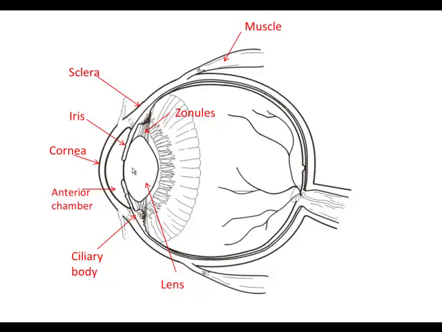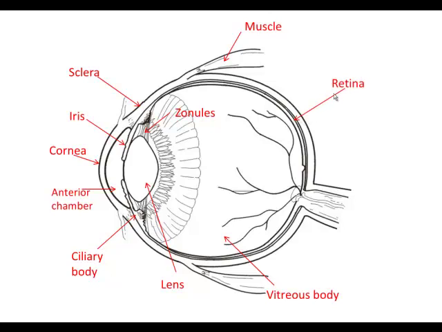So when light comes in through here, the zonules, the muscles, can either relax or tighten, which changes the shape of the lens, which then changes the focusing distance onto your retina back here. This whole portion of the eye right here is the vitreous body, or sometimes called the vitreous jelly, filled with vitreous humor, and it basically gives support and shape to the eye.